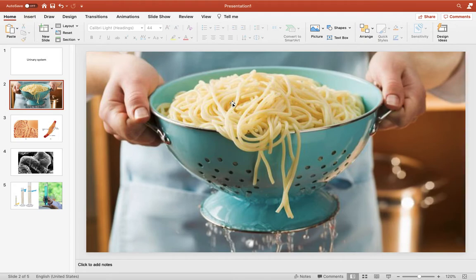Now, this is easy enough to relate to and visualize, but I would like to ask you one question. When it comes to this picture, to this pasta getting drained, what is the force which is causing that liquid, that water with a bit of starch, to drop down into the sink?